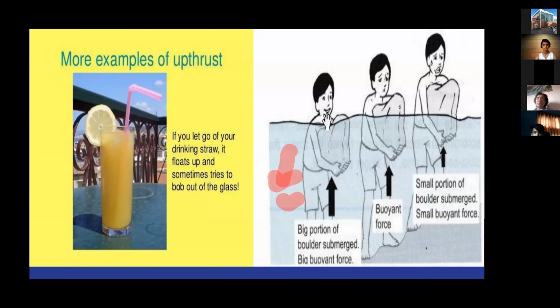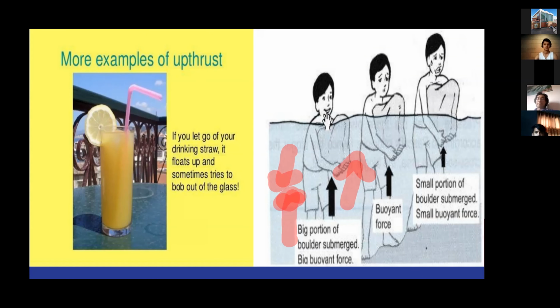But when we try to lift that object up, we are applying a force opposite to the weight of the body, or opposite to gravity. And similarly, upthrust also acts opposite to gravity. So when we try to lift any object that is immersed inside the water or liquid, we feel it easier to lift, because of the force called upthrust, there is a little loss of weight by the body.